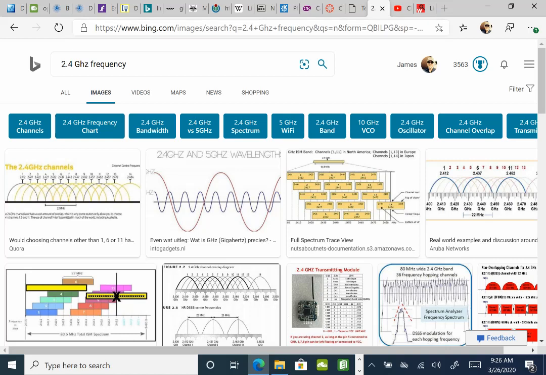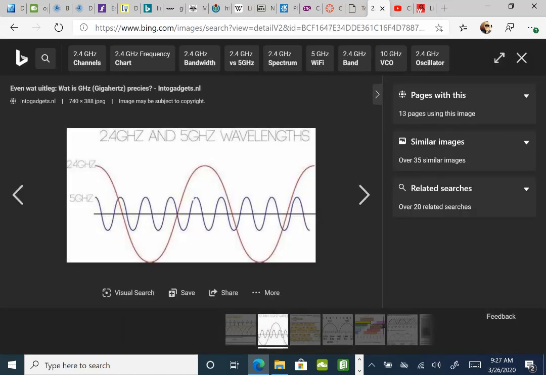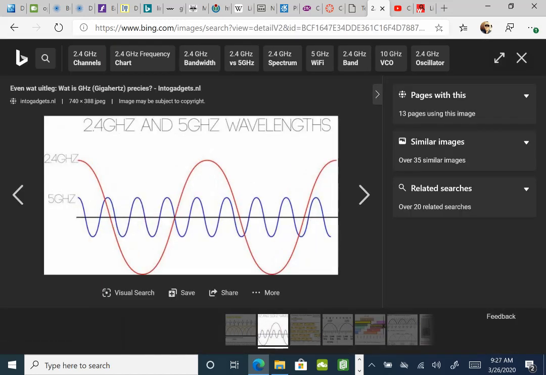So first off, let's look at a two-dimensional rendering of the frequencies that we use for what we would call 802.11. Again, the 802 specification means that it was created initially in February, that's the 2, in 1980, and the .11 is the 11th iteration of networking.